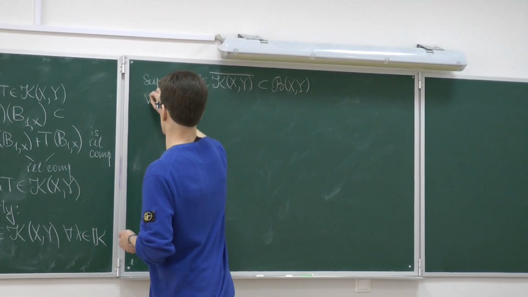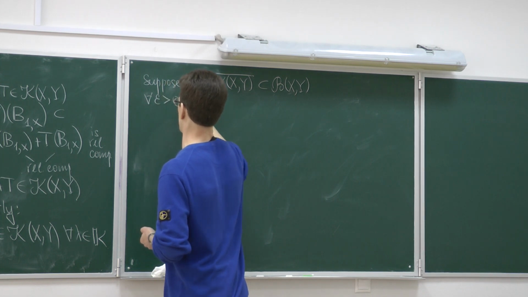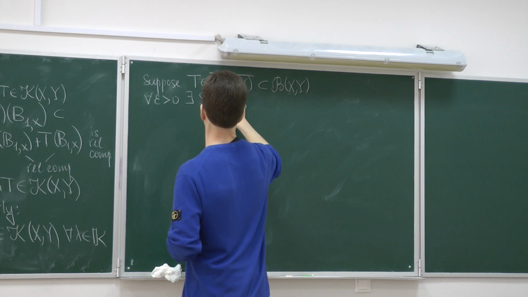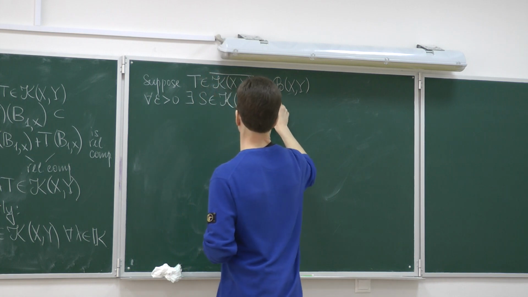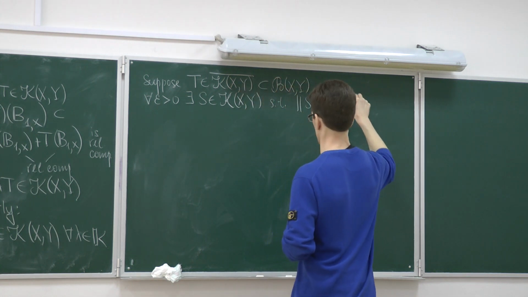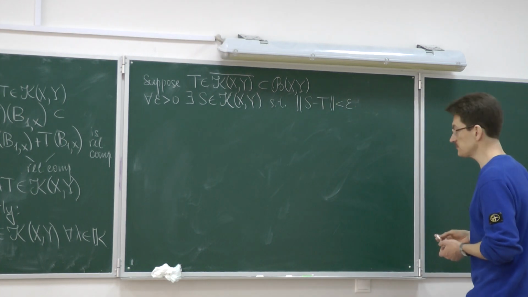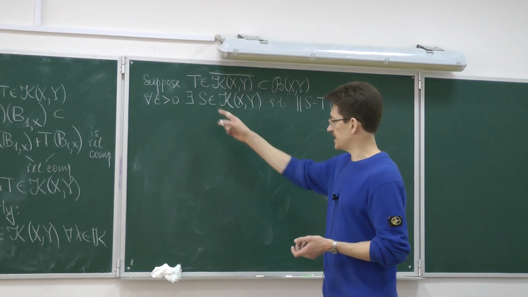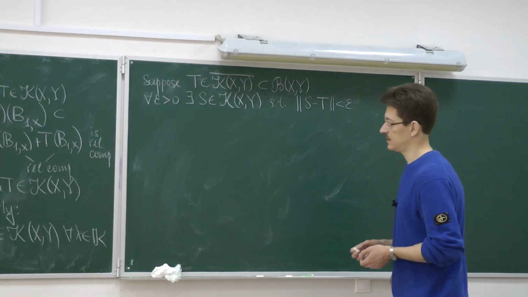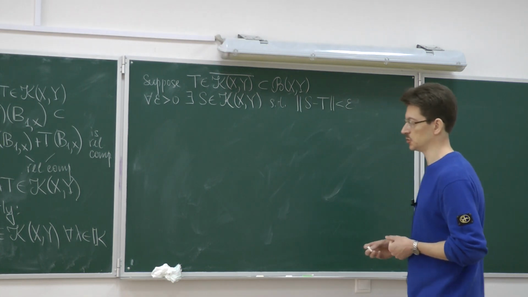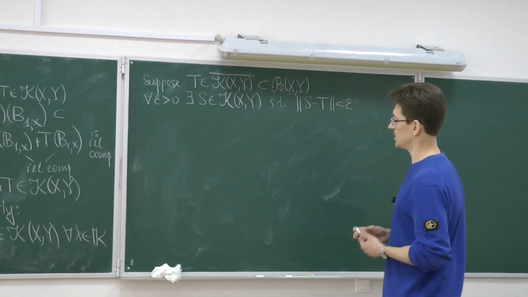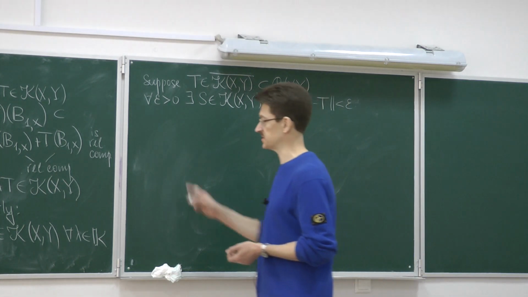Well, it sits in the closure, so for each positive epsilon, we can find a compact operator S from X to Y, such that the distance between S and T is less than epsilon. And since S is compact, it takes a unit ball to a relatively compact set, and relatively compact is equivalent to totally bounded. So since the image of the unit ball is totally bounded, we can find a finite epsilon net.